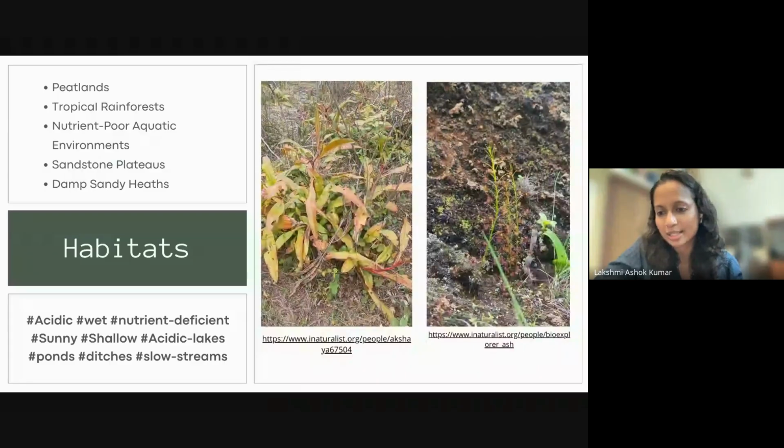And also, if you look at utricularias, a typical habitat where you find them is, if you have gone to a waterfall anywhere in Kerala, you are sure to find a utricularia somewhere nearby. It can grow lithophytic, literally on rocks where there is wetness.